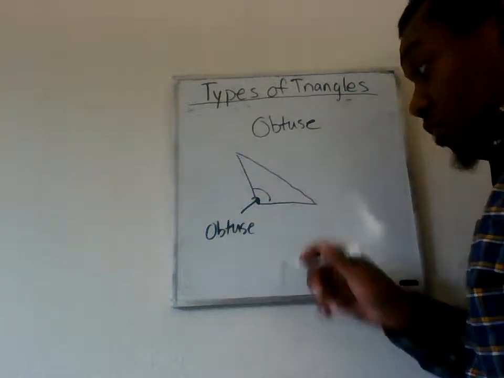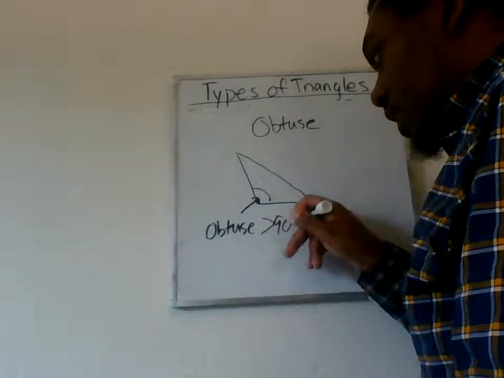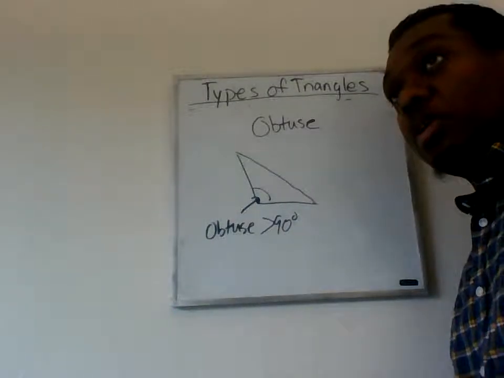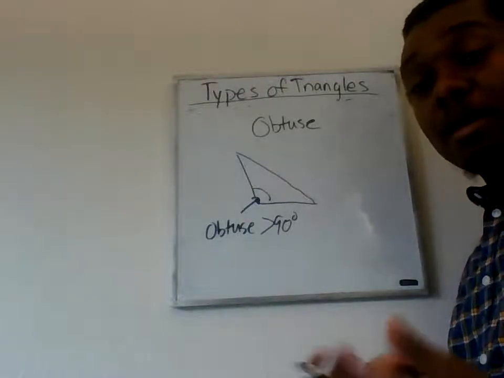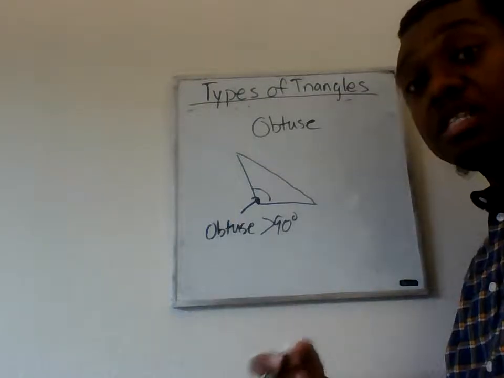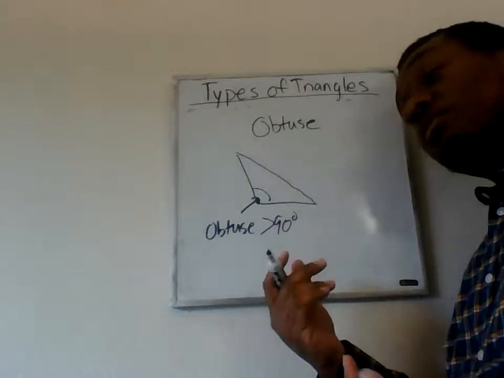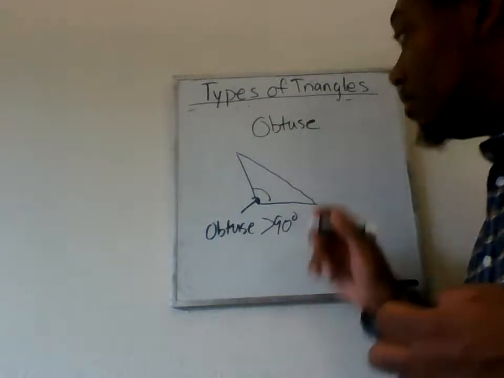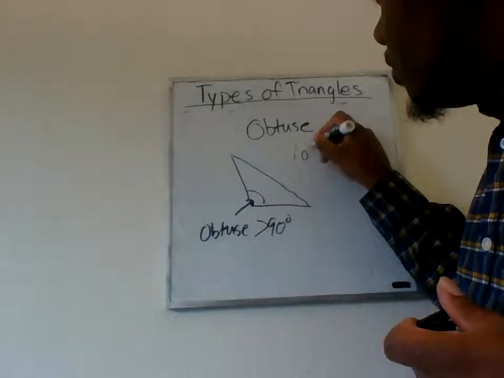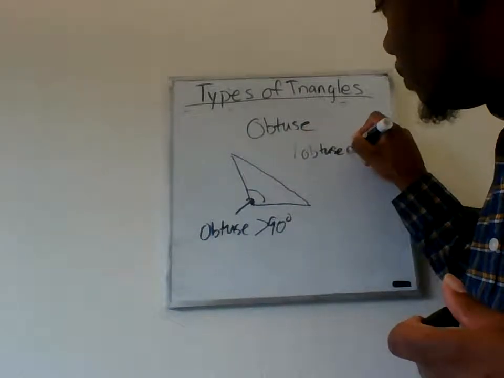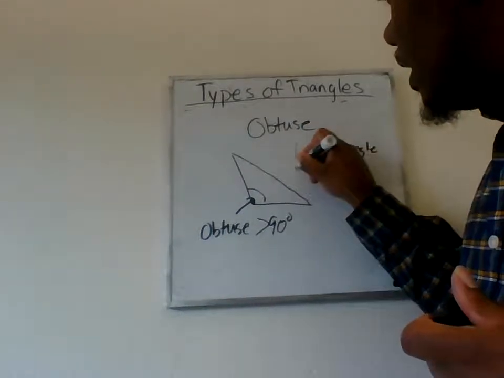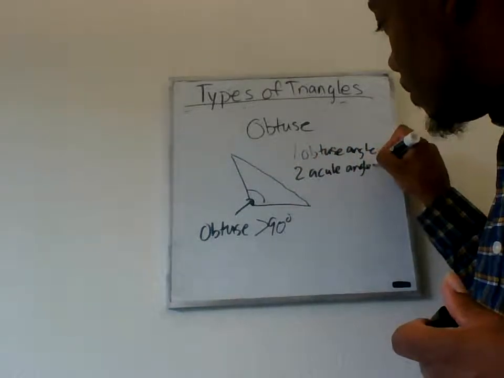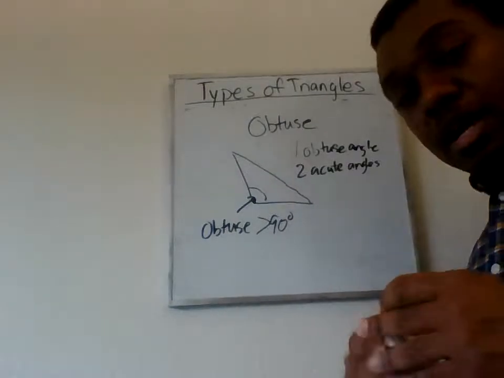In other words, it's greater than 90 degrees. And so if you have a triangle in which one of the angles is greater than 90 degrees, you have an obtuse triangle because that angle is obtuse. Well, what does that mean for the other two angles? That's right, they have to be acute. So an obtuse triangle has one obtuse angle and it has two acute angles.